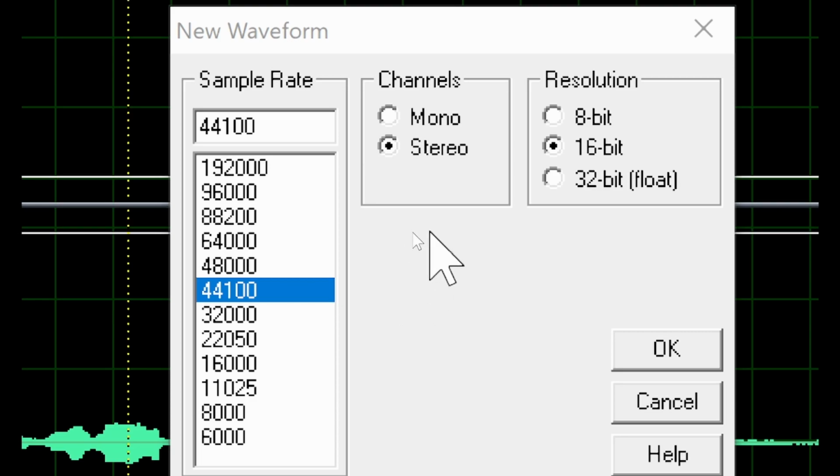Because I want to stay at the basics, I'll not talk about the channels right now, but I'll talk about the resolution here. Which one am I using? 16-bit. These are the settings I'm instructing this recorder to use to record from the microphone. Later I'll talk about these settings and you will understand them.